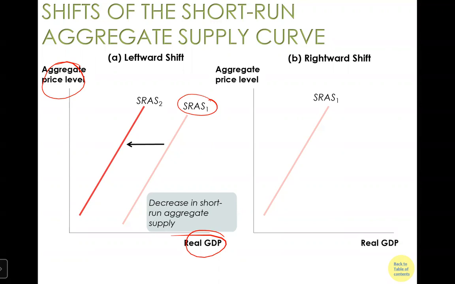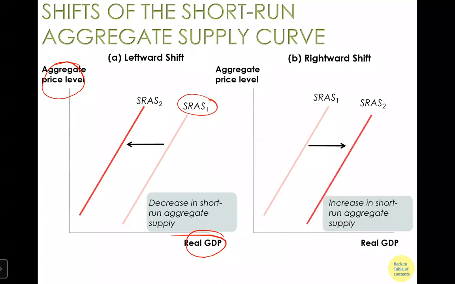Or in another case, if the nominal wage increases due to the bargaining power of the labor union, then the profitability of the business will decline, and aggregate supply will decline. On the other hand, if commodity price declines, nominal wage declines, or productivity increases, then we are going to see an increase in aggregate supply. The curve shifts to the right-hand side.